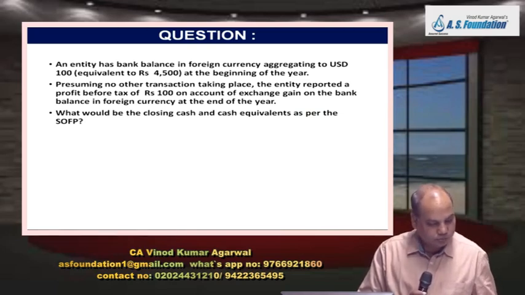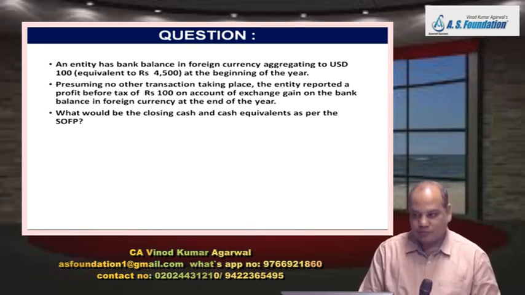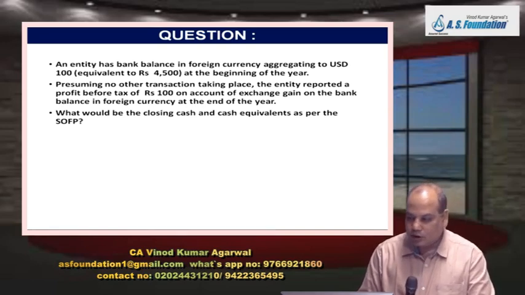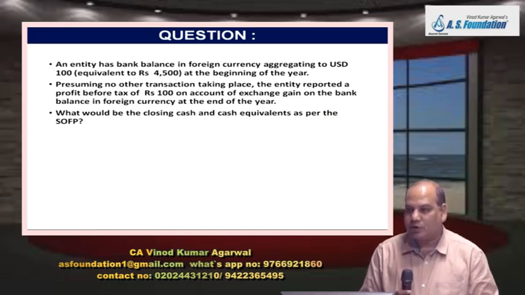Kindly come to question number 9. An entity has a bank balance in foreign currency aggregating to USD 100 and its equivalent amount is rupees 4,500 at the beginning.